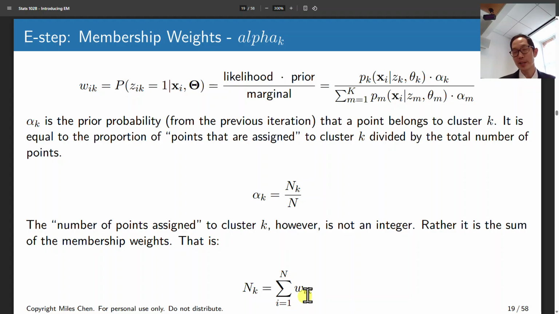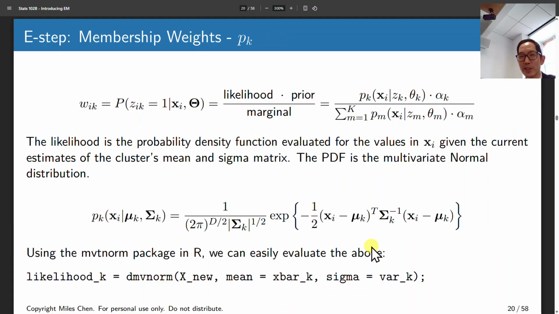So we add up all of the weights for cluster 1, and that will be how many points belong to cluster 1. All of these n sub k's will add up to n, but each of them is not necessarily an integer. So that's going to be our membership weights. It's a weighted count.